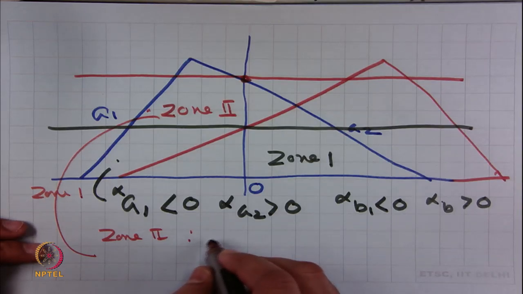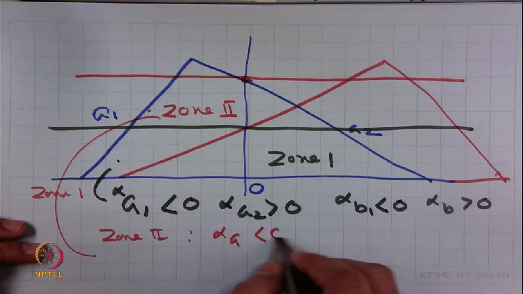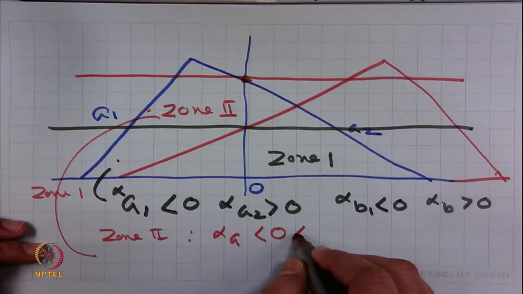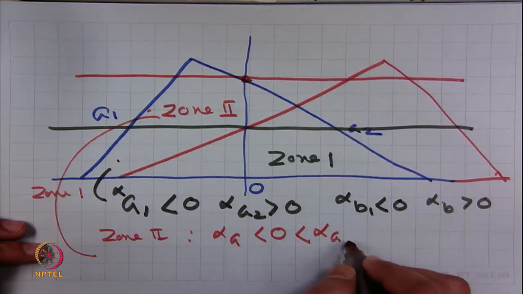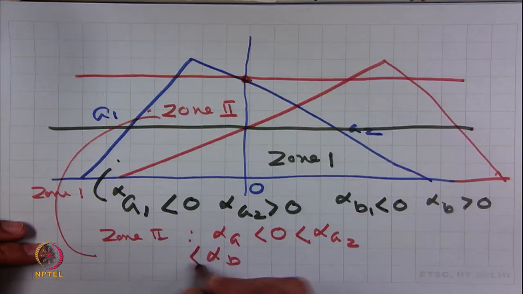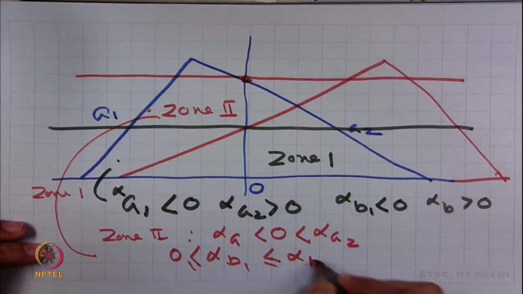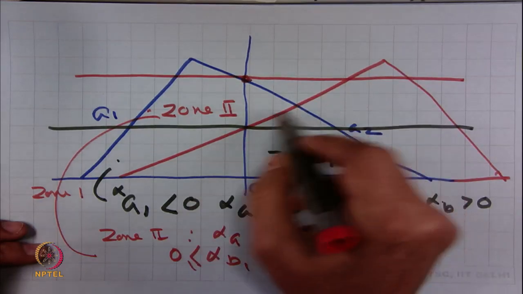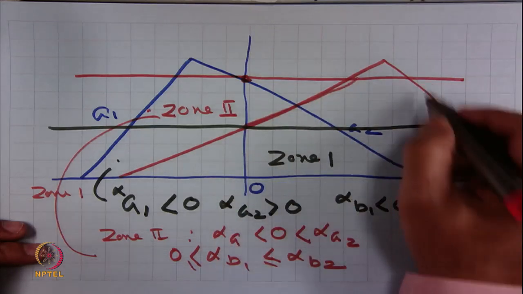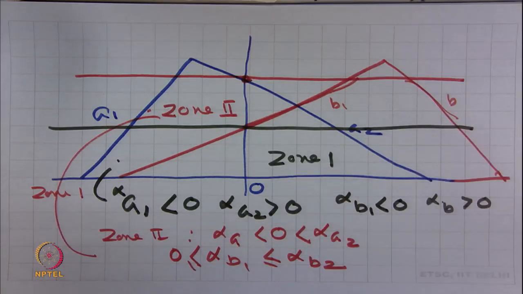Zone 2 is alpha cut of A1 is less than 0 and less than alpha cut of A2, but alpha cut of B1 is greater than or equal to 0, greater than or equal to alpha cut of B2. Here both B1 and B2 are positive.